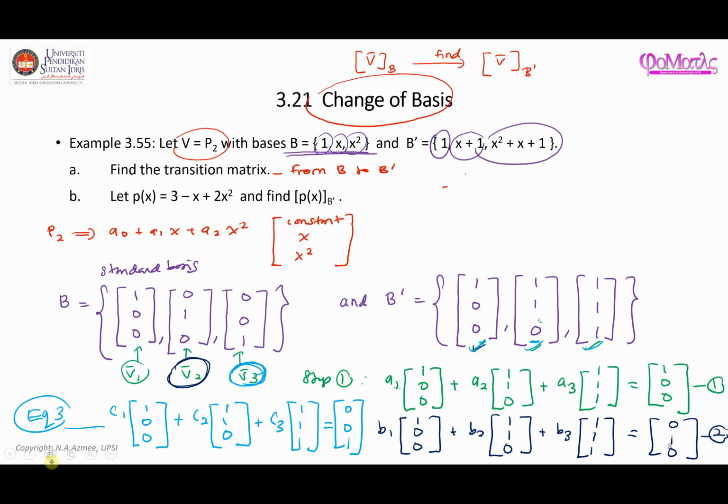Now based on equation 1, I believe you already know our aim. Our aim is to find the values for a1, a2, and a3. How can we do that?